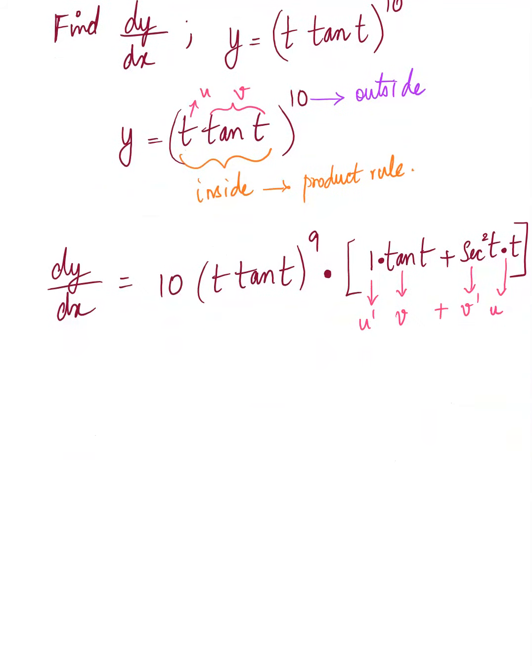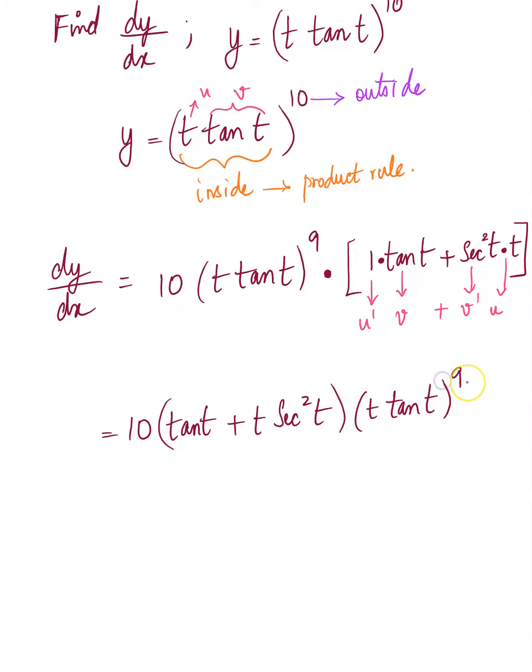All right. I'm going to throw that in the front. So that's going to be tan t plus t secant squared t, right? And then I'll put this 10 in the front, and then this t tan t power 9 right at the end. And that will be our answer there.